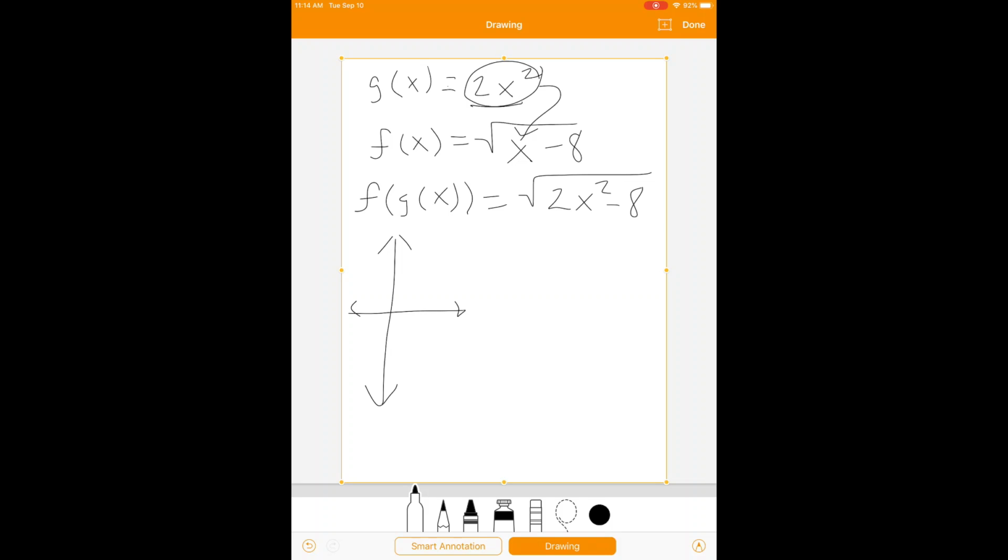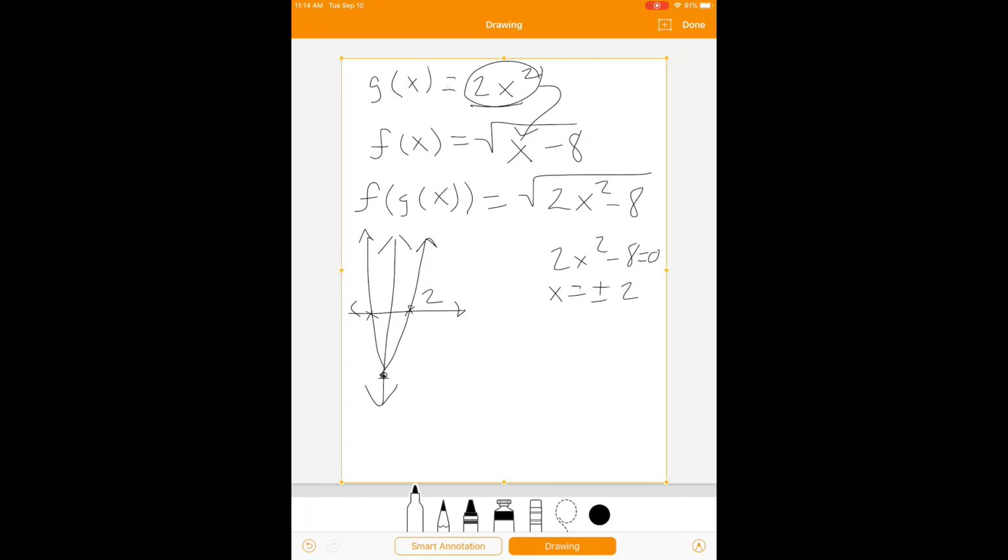If we were to graph 2x squared minus 8, that would be a shift of down 8 and a vertical stretch of 2. If we think about our x-intercepts, setting 2x squared minus 8 equal to 0, we would add 8 to both sides, divide by 2, and take the square root, and we would see that x is equal to plus or minus 2.